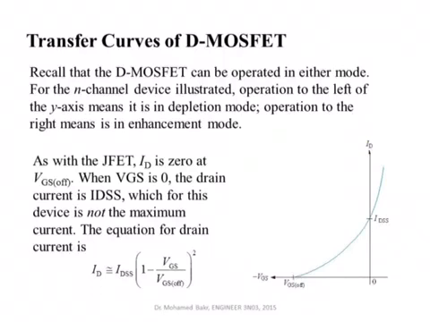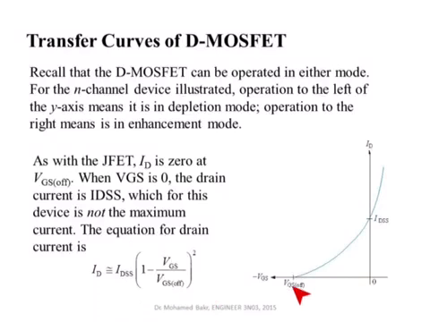So this transistor is very similar to the JFET, and many books even will use the same expressions or the same quantities used to describe JFET to describe the D-type MOSFET. And for historical reasons, the equation governing the current here is equal to IDSS times 1 minus VGS over VGS off, squared. This is the same expression we used before for JFET.